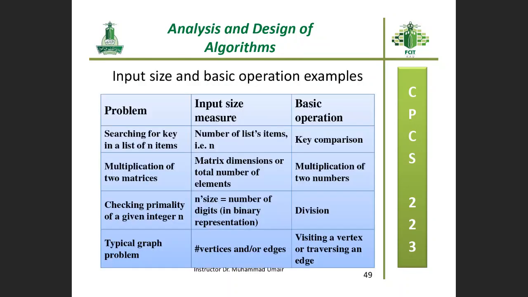So this is another example of how you can determine the basic operation and the size of a problem. For example, if you are searching for a key in a list of n items, the size of the problem will be n. And what could be the basic operation? Because we are searching, the basic operation will be comparison. This is how you can determine from the statement or from the given algorithm what the size and the basic operation are.